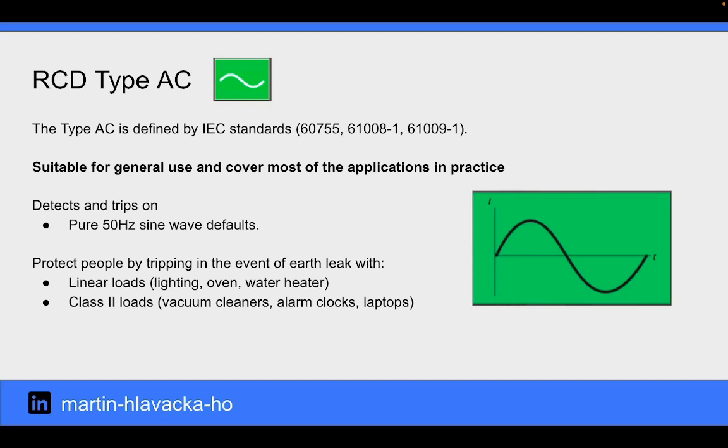AC type RCDs protect people by tripping in the event of an earth leak with linear loads such as lighting, ovens, water heaters, or class 2 loads such as vacuum cleaners, alarm clocks, laptops, etc.